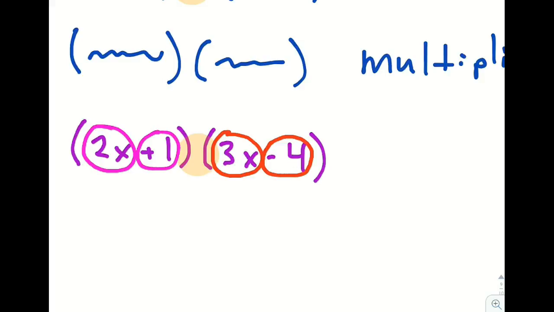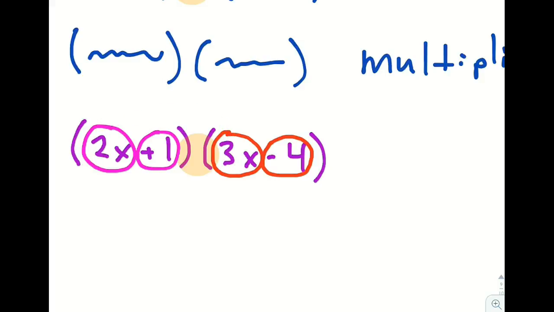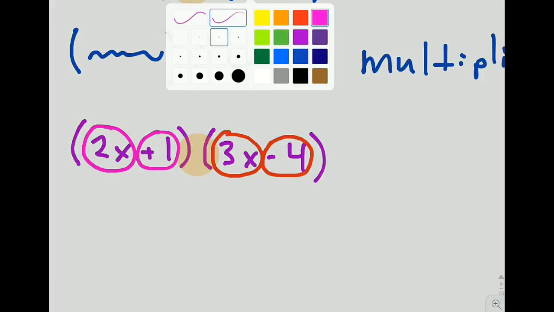So that means that this 2x here needs to be multiplied by every chunk in the second group. And this plus 1 needs to be multiplied by every chunk in the second group. So you end up getting a total of 4 different terms that are going to come out of this 2 by 2 group multiplication here. So let's go ahead and write those out. And I'm going to take these little swoops away. We're just going to do one at a time so we can see where each chunk comes from.